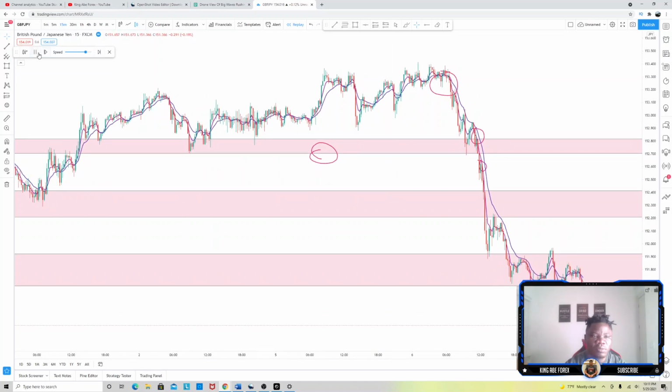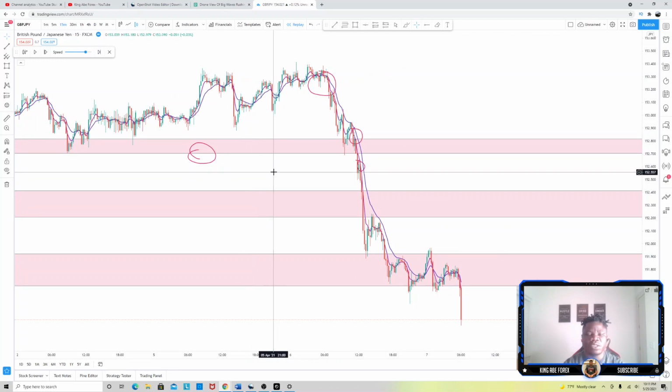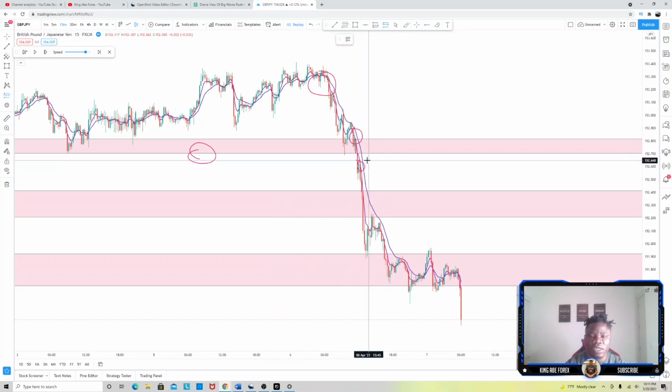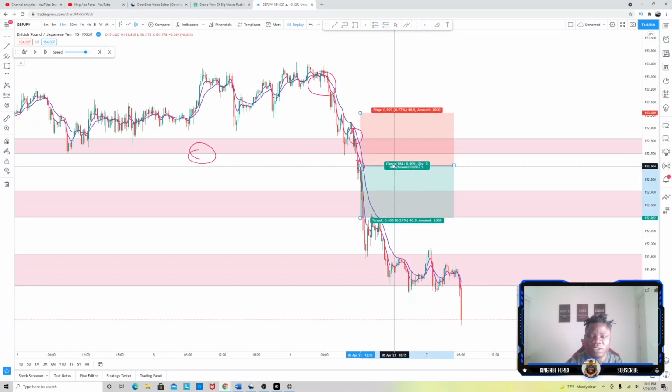We got our take profit smashed, very clean and easy. Now we're going to take a look and see what our risk to reward ratio was for this trade right here. Pull out our tool, and we got in right over here.